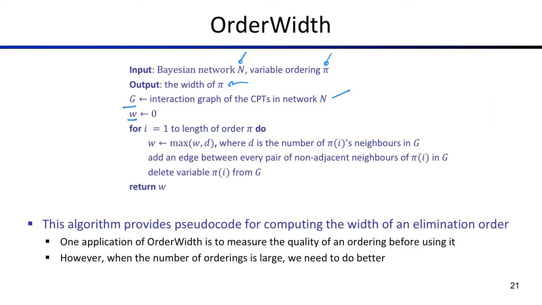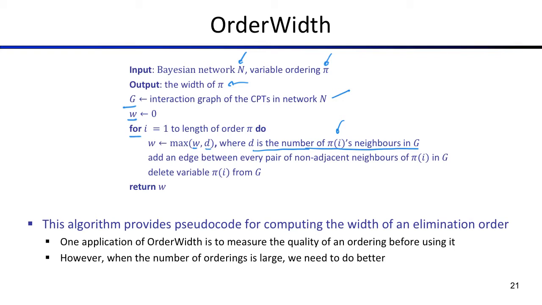And we iterate through the elimination ordering here, pi. For each step, we're going to take the maximum between w, that is initially 0, and d. And d is the number of neighbors that I have for the variable pi. So when i is 1, this is going to be the first variable that I'm going to eliminate.